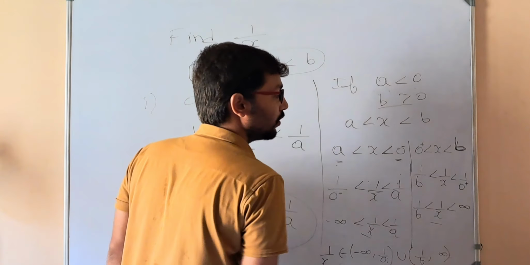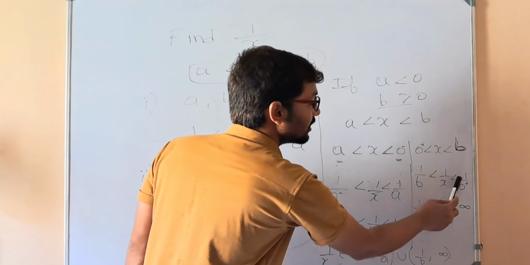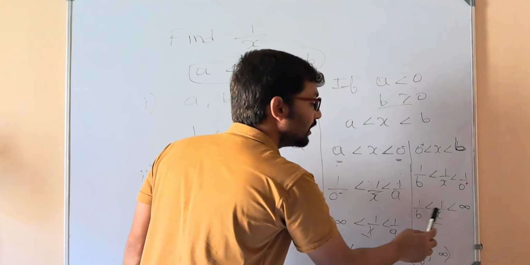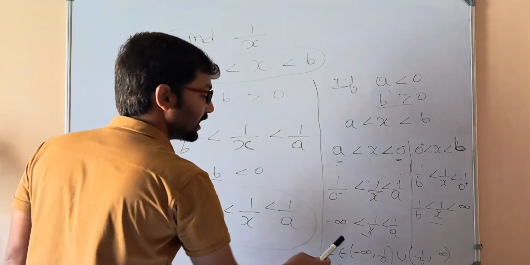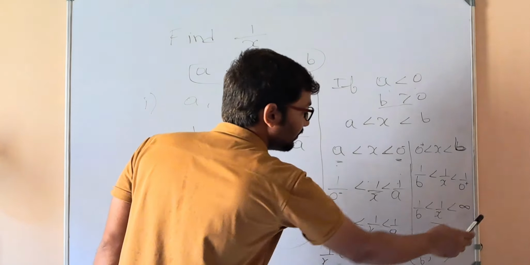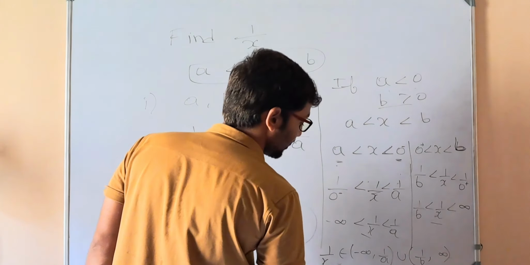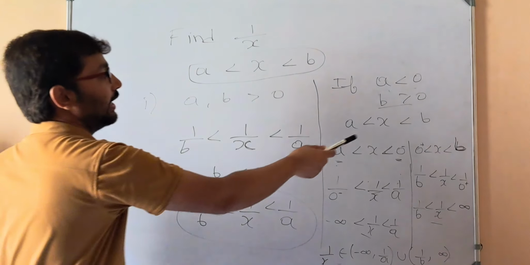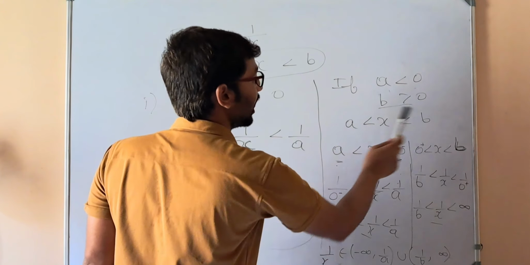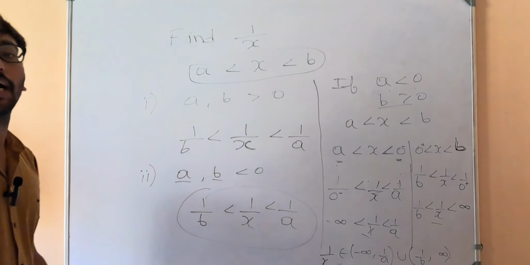If I take the reciprocal, 1 by b less than 1 by x less than infinity. So 1 by x can be from here to here or from here to here, that is a union. These are the values of 1 by x when x is from a to b, where a and b are of opposite sign.